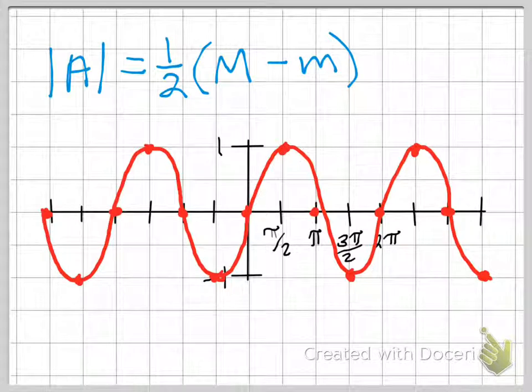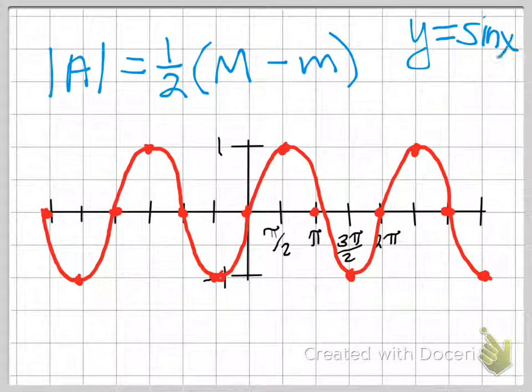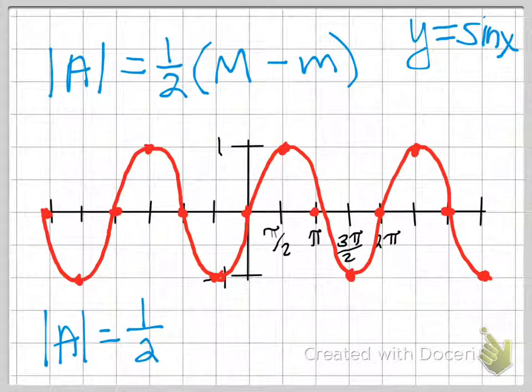So in this case, this is y equals sine of x. In order for us to find our amplitude, it's going to be 1/2 times the maximum height of the graph.